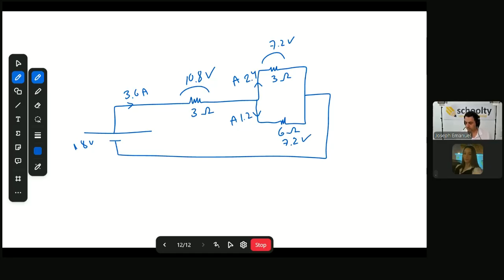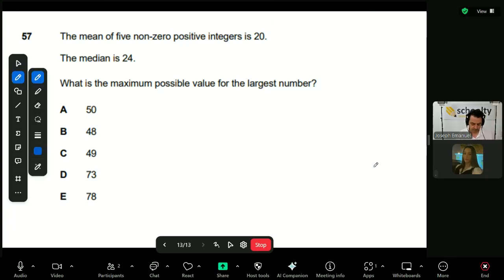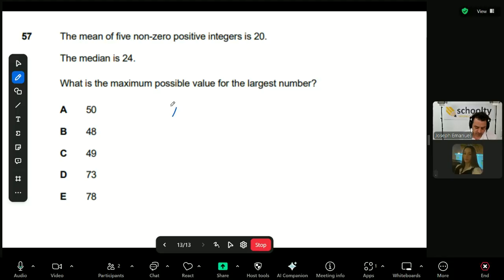But 1 second. The mean of 5 non-zero integers is 20. The median is 24. What is the maximum possible value for the largest number? Okay, let's understand firstly what is going on here.